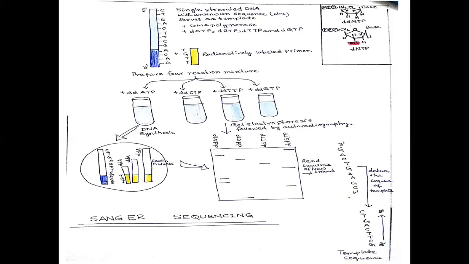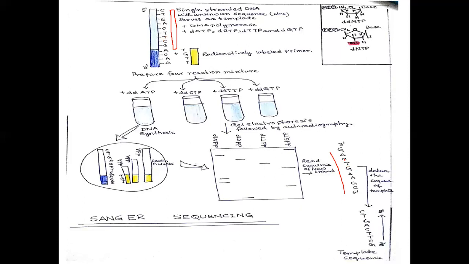Now what you got, this is actually the complementary sequence of this particular region. This complementary sequence you got by this particular reading. Now I want to get the sequence of the template, right? So for this, we will take the complement of this.